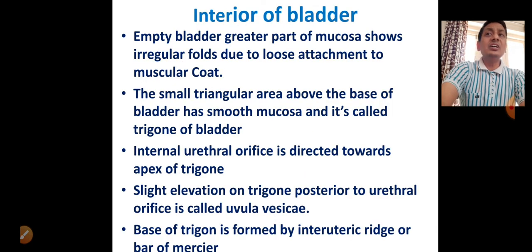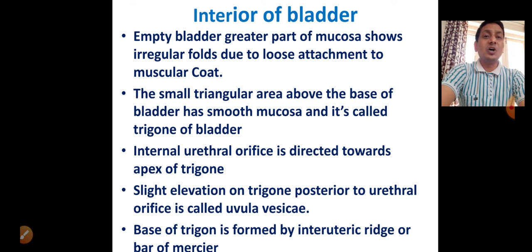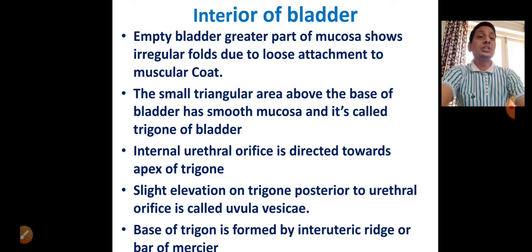Now the interior of the urinary bladder. If we take an incision and see the interior, in the empty bladder the greater part of the mucosa has irregular folds due to its loose attachment to the muscular coat.